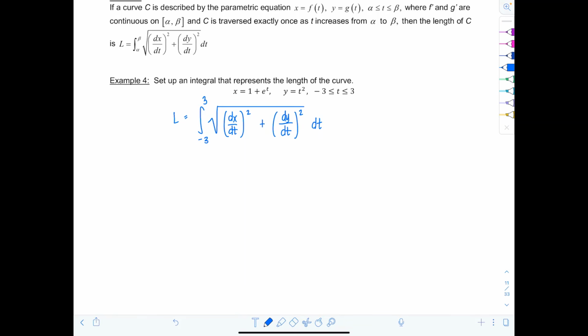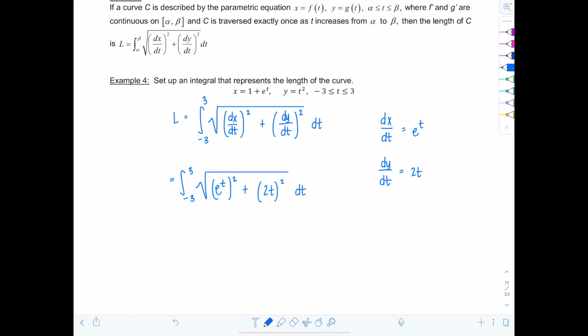So let's go ahead, compute dx/dt and dy/dt. dx/dt is just e to the t, and dy/dt is 2t. Oh, not bad. So this is going to be the definite integral from -3 to 3, square root of e to the t squared plus dy/dt, which is 2t, squared dt.